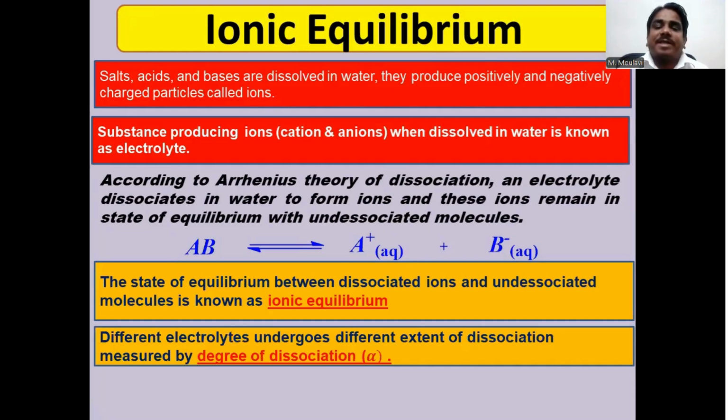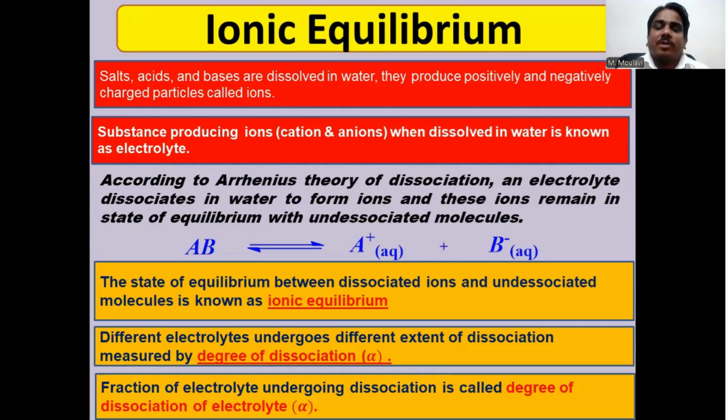Different electrolytes undergo different extents of dissociation, measured by the degree of dissociation, that is alpha. The fraction of electrolyte undergoing dissociation is called the degree of dissociation of the electrolyte, alpha.